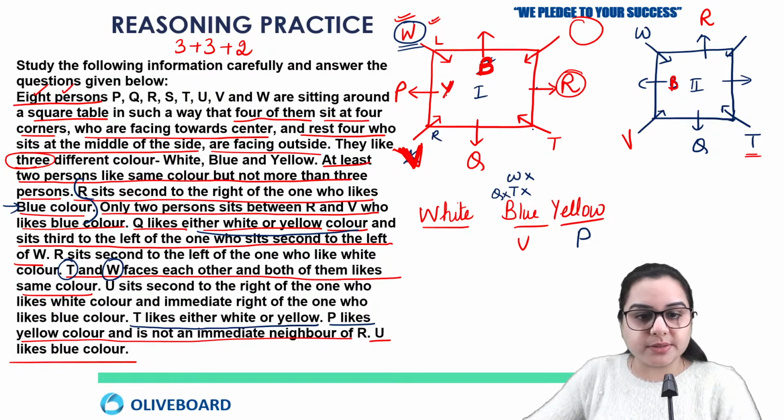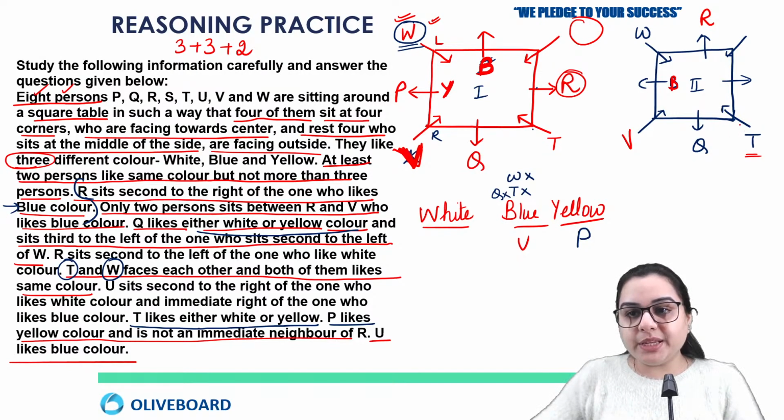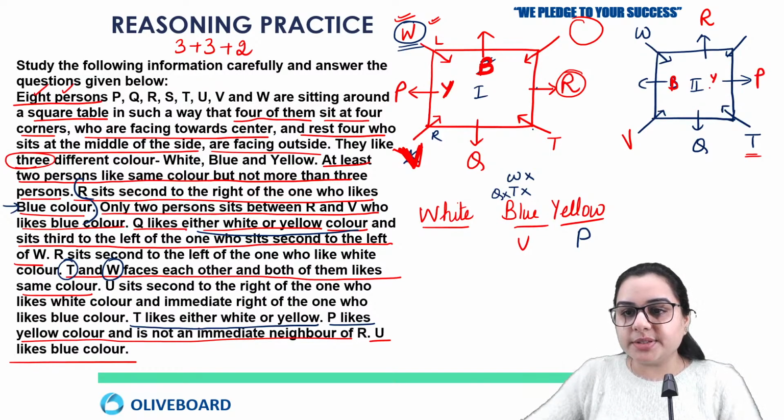In the second possibility, if I check that P likes yellow color and is not an immediate neighbor of R, then I am going to write P here, which is a yellow color.